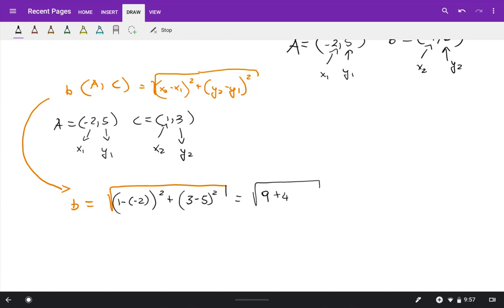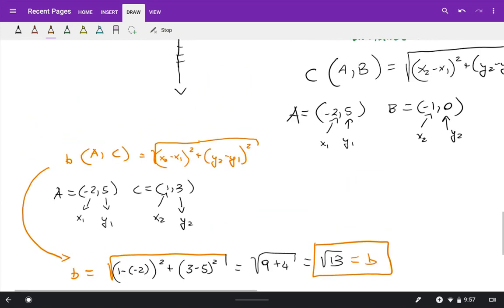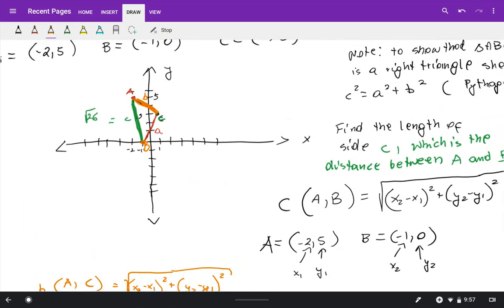So we have the radical of 9 plus 4, which is the square root of 13. The length of side b is the square root of 13. So let me put that on the picture, right here, b equals the square root of 13.